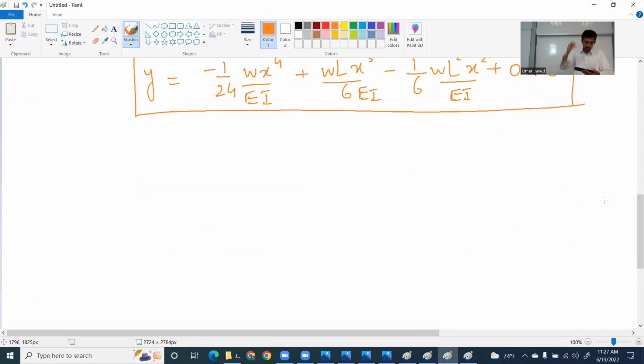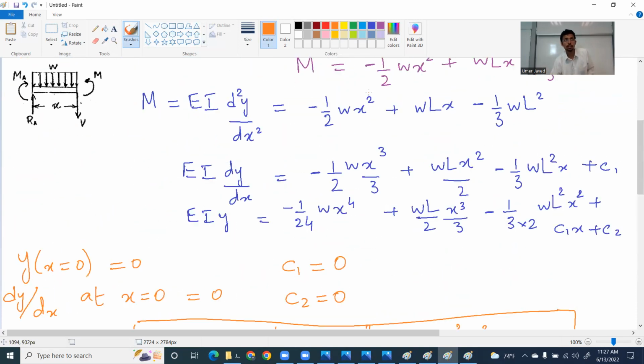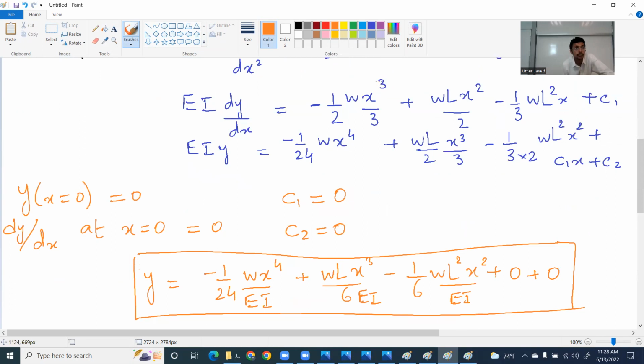So now you can find the deflection. Give me the value of y at x equal to L. You can find similarly dy by dx at x equal to L. For example, this is the equation of y.